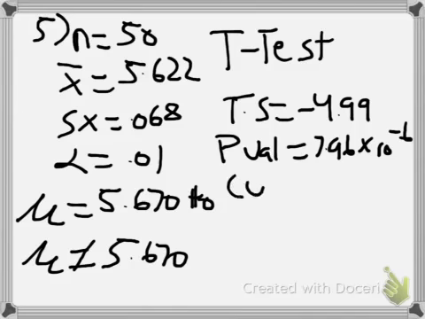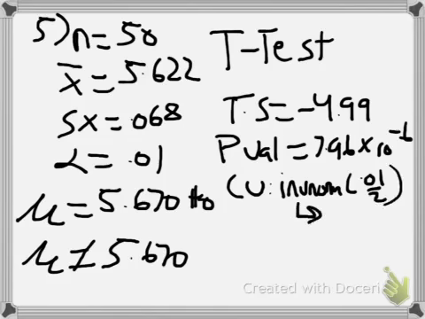Along with the critical value, since the alternative hypothesis is not equal to, it's both tails, so we do inverse norm of alpha over 2, which is 0.01 over 2, and that produces a critical value of plus or minus 2.58.